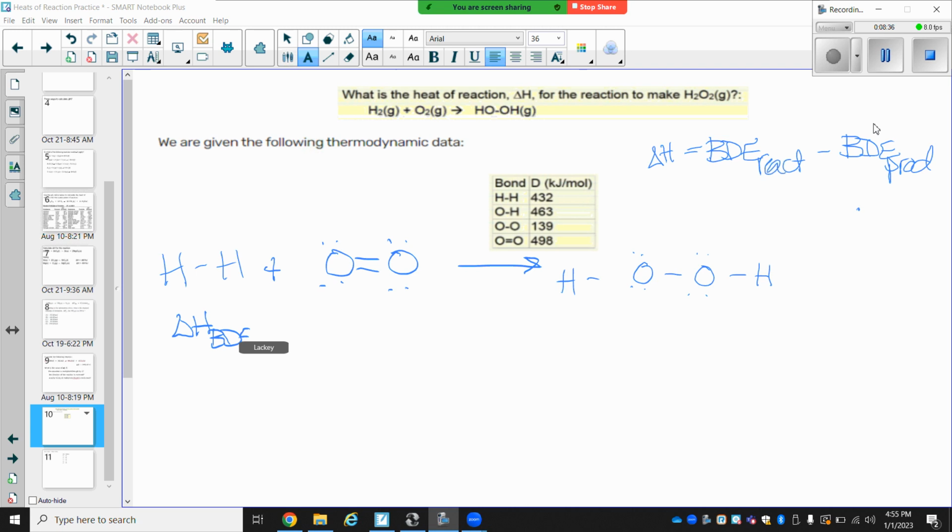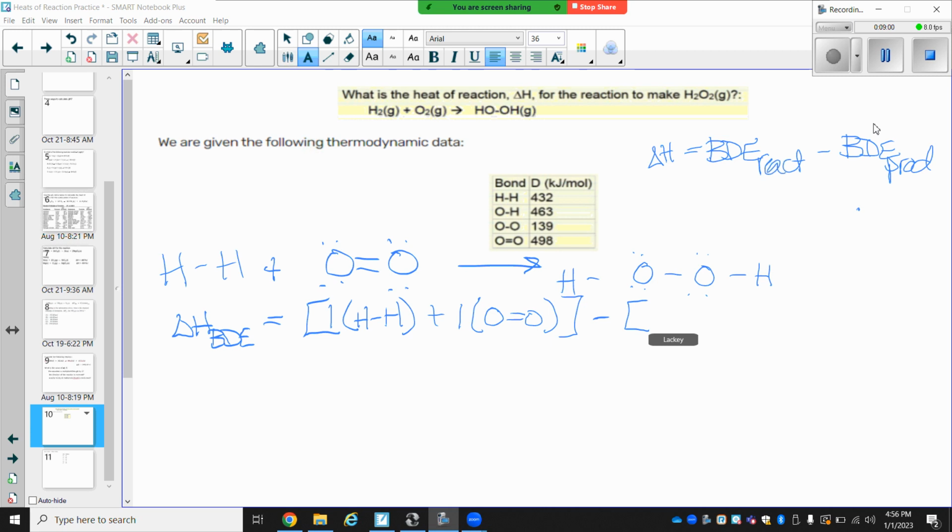So for our reactants, we have 1 HH bond, that's a single bond, added to 1 double bonded oxygen. And that's all that we have on our reactant side. We're going to subtract our sum of our products.